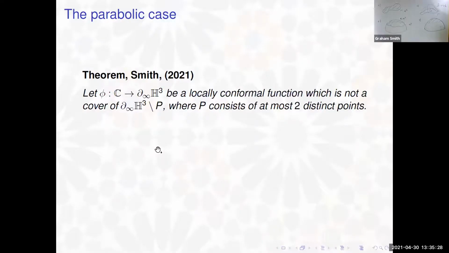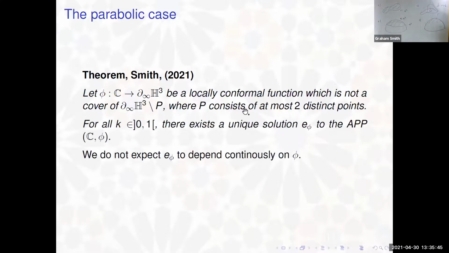So imagine that we have a locally conformal function phi, which sends the complex plane into the ideal boundary of hyperbolic space. And we suppose that it is not a cover of the complement of some set P whose cardinality is at most 2. Then we can show that for all k in (0, 1), there exists a unique solution to the asymptotic Plateau problem given by C phi.